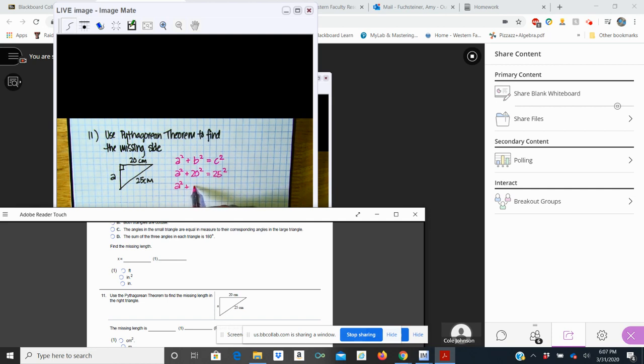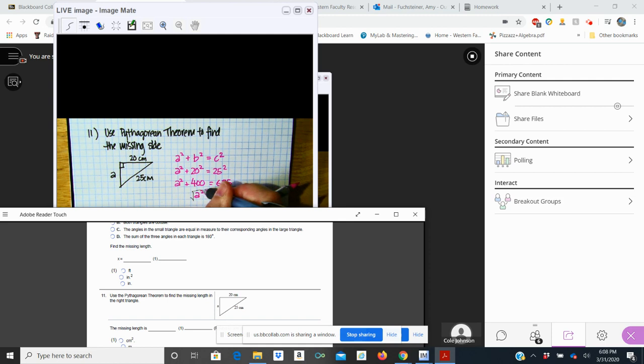20 squared is 400. 25 squared. So now to get the a squared alone, I'm going to subtract 400 from both sides. So I have a squared is 225.